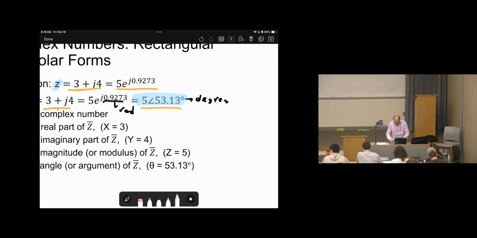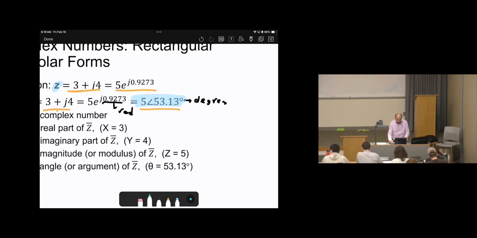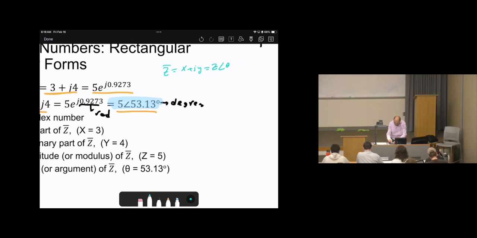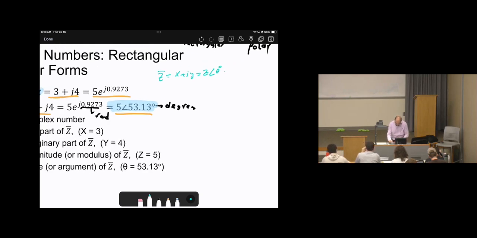But for your information, if we write it in polar form, we can say z bar equals x plus jy, or z as a magnitude with angle theta in degrees, or z exponential j theta in radians.